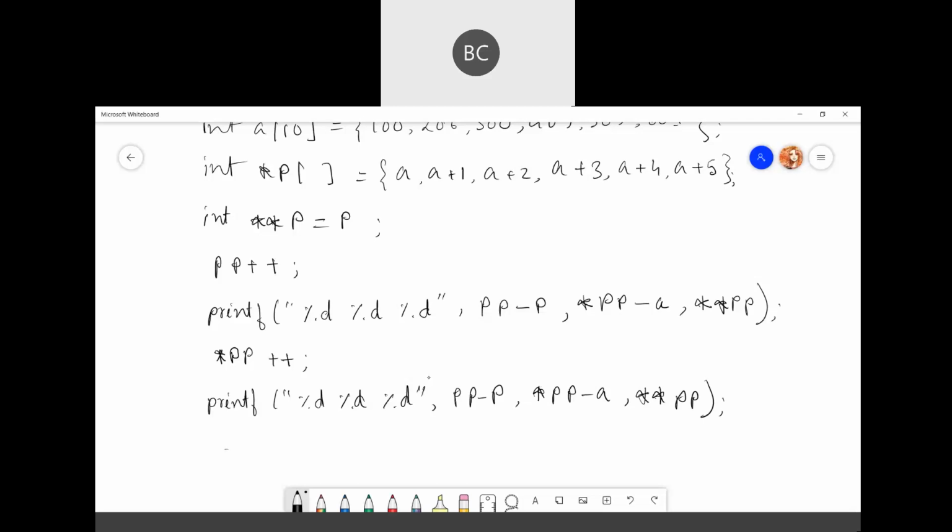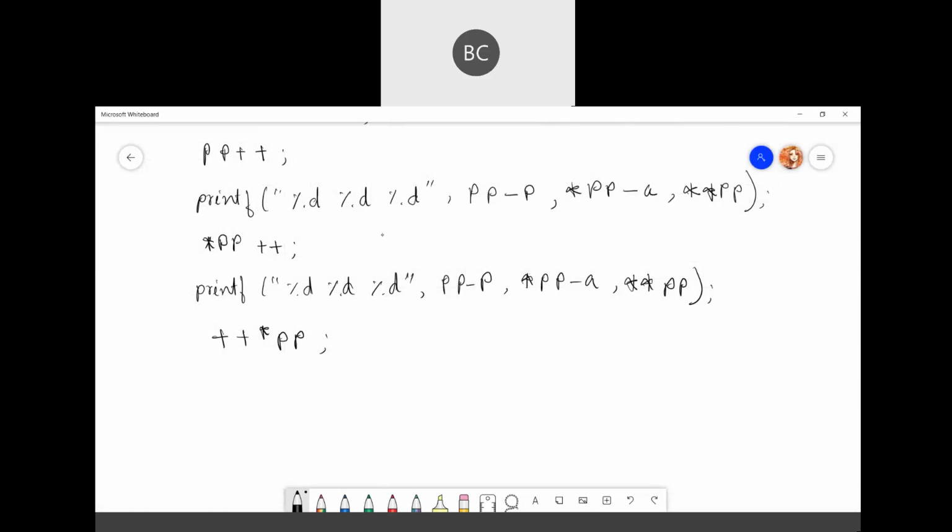Now I will increase it like this, first post-increment, then pre-increment.